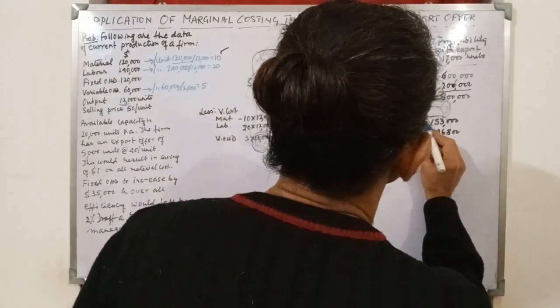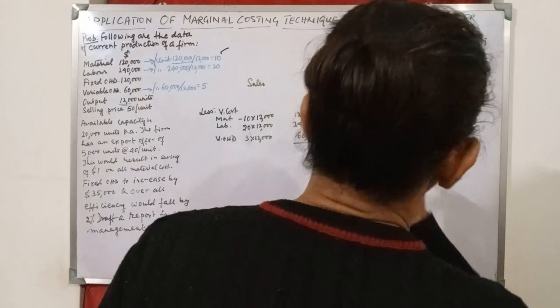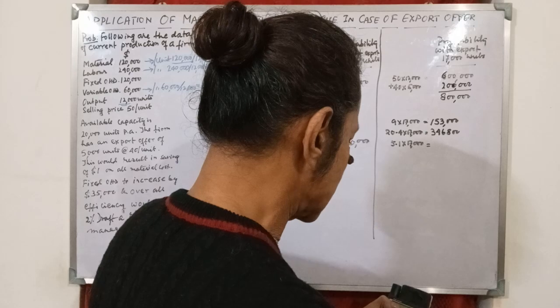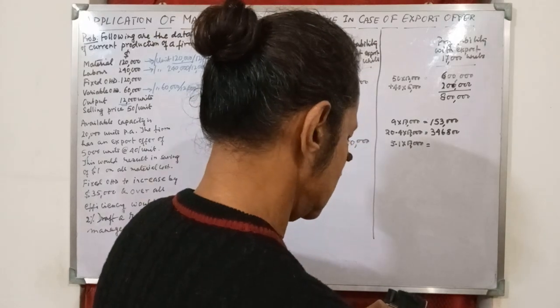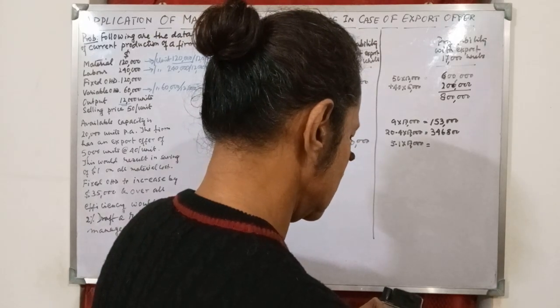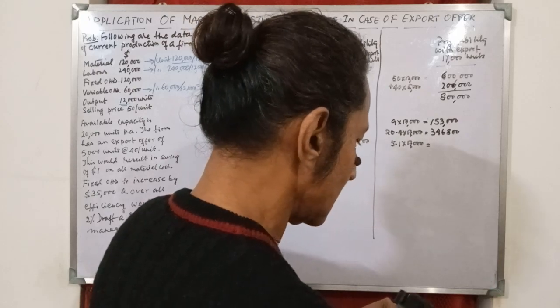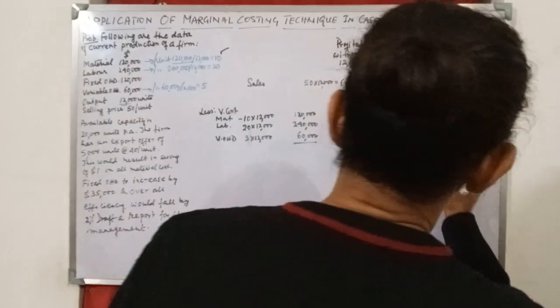Okay. And 5.1 into 17,000. So this gives us 86,700.